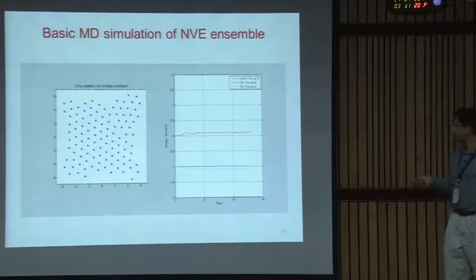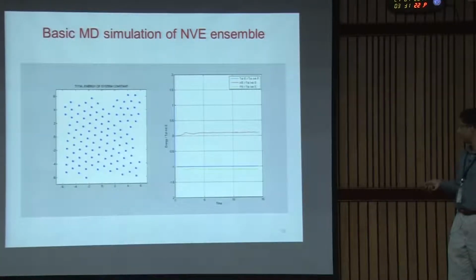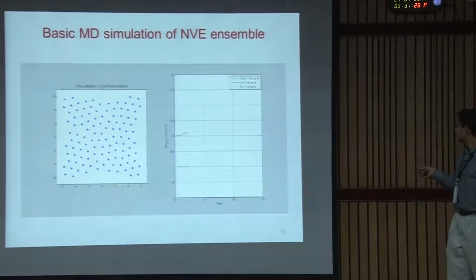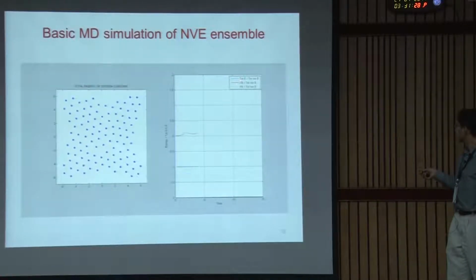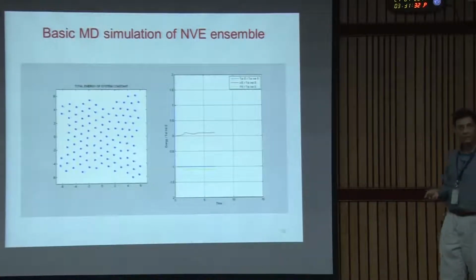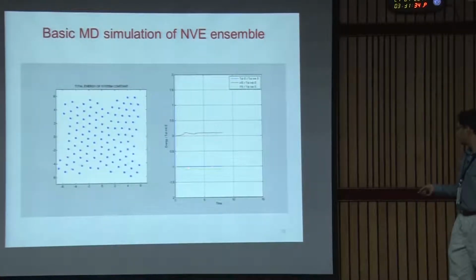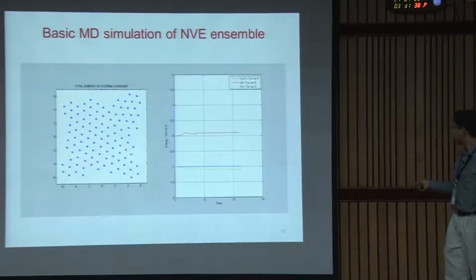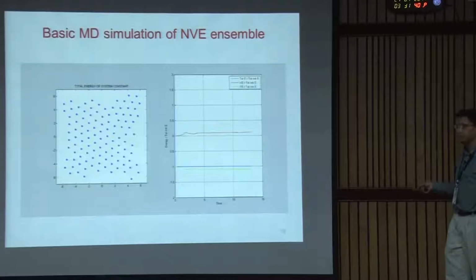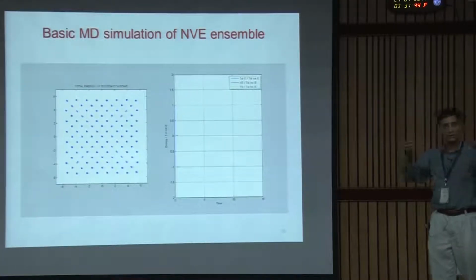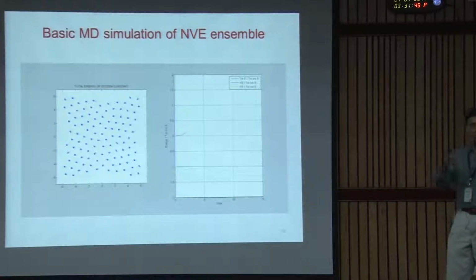This is an NVE system, so it's not exchanging energy, and we are just looking at the total kinetic energy, the total potential energy, and the total energy. Since this is an NVE system, you can see that the total energy is constant, but the kinetic energy stabilized at a certain value, and the potential energy also stabilized at a certain value when the lattice adjusted itself.